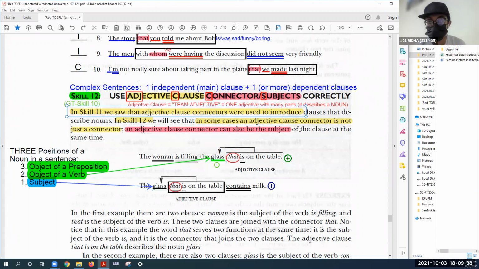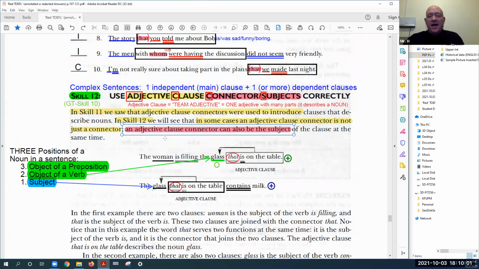Keep going. In skill 12, we will see that in some cases, an adjective clause connector is not just a connector. It can also be the subject.